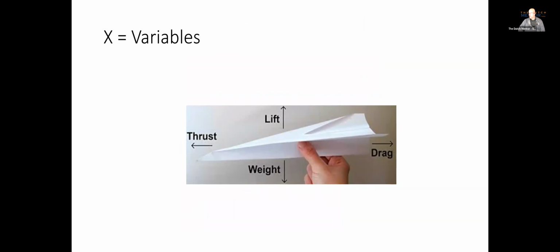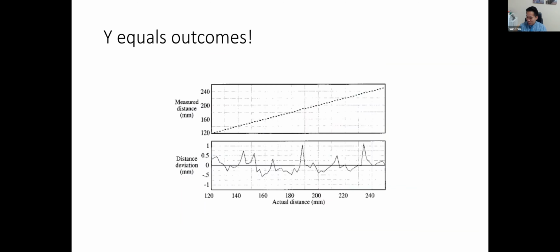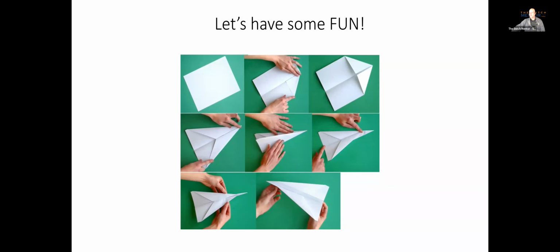As you build it, I will look at a couple of the X's that we're talking about. Can you go back to how to fold the plane? Sure, no problem. So there are forces involved, right? There are X's involved in your outcome. So the design of your airplane, right?